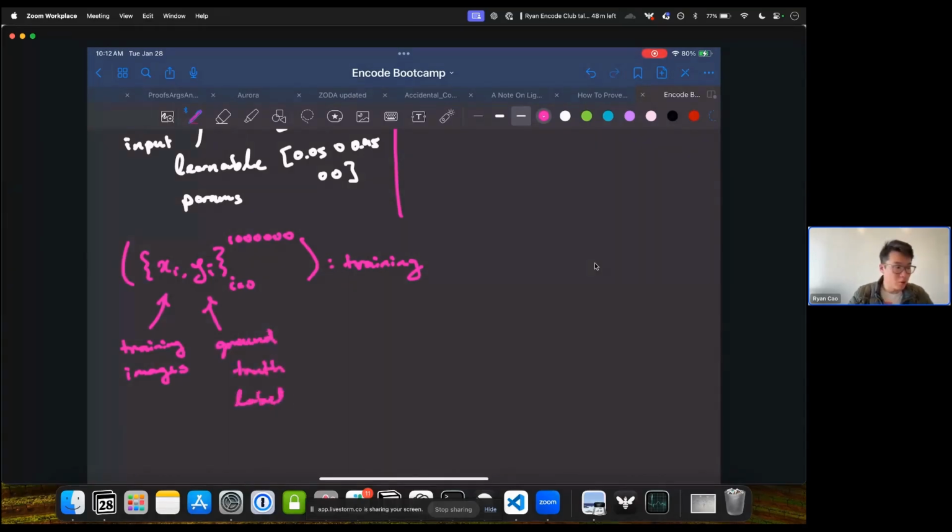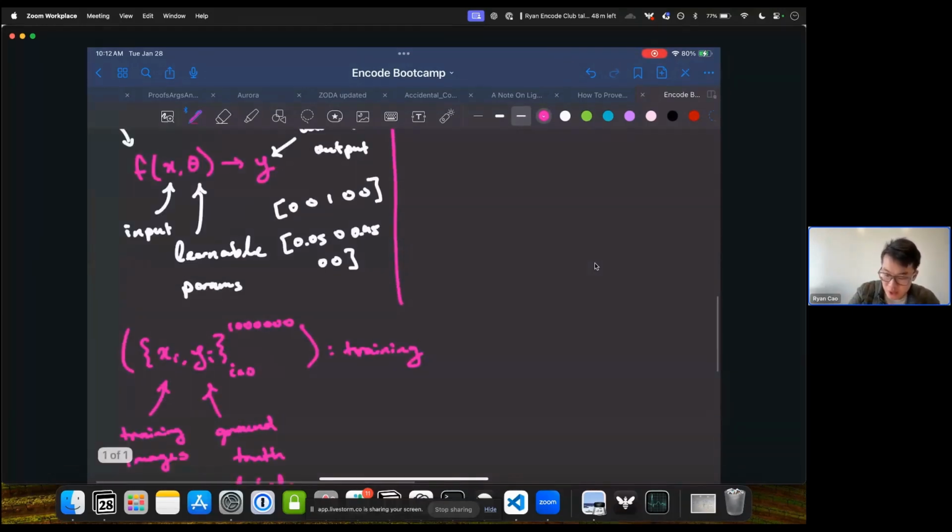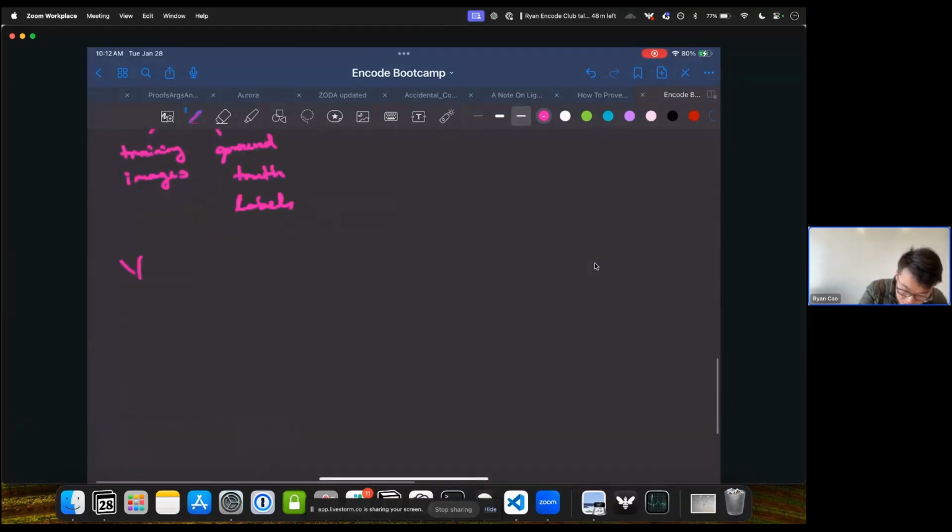And the whole idea during train time is that I will repeatedly ingest through the model all of the xi's. For all of the xi's, I will compute f of xi, comma theta, and make a prediction, which I'm going to call y hat.